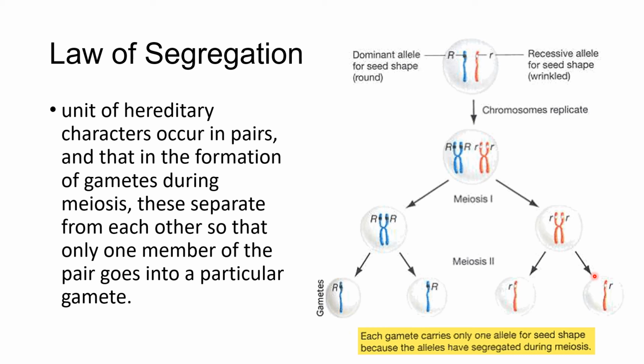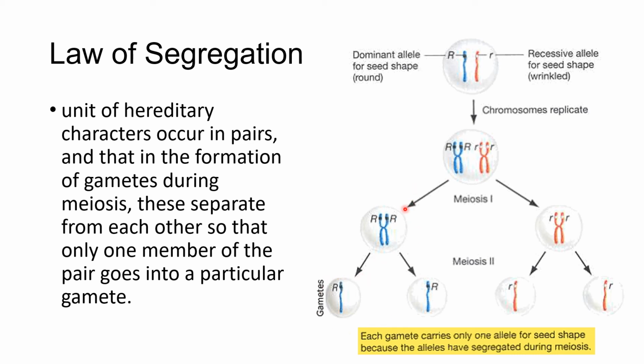The characters that occur in pairs during meiosis will separate from each other so that only one member of the pair goes into a particular gamete. So they separate from each other.